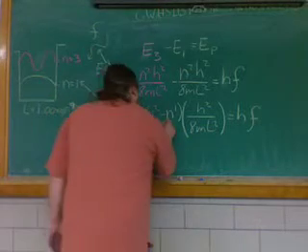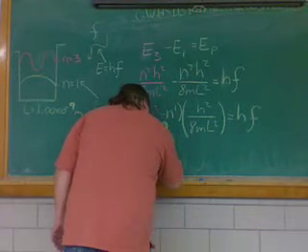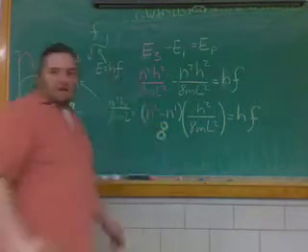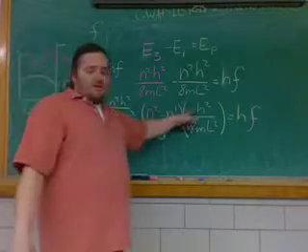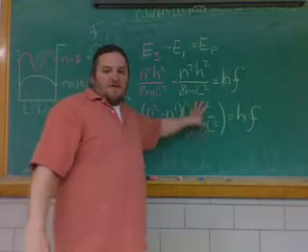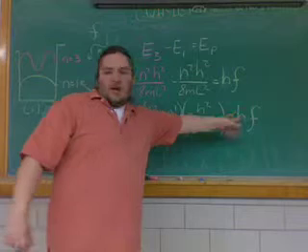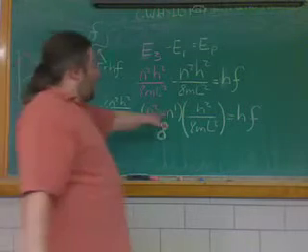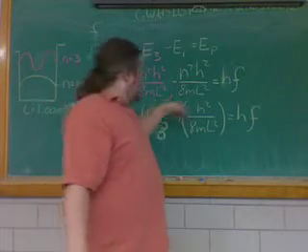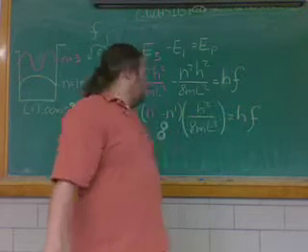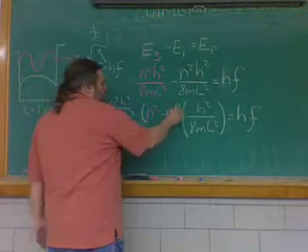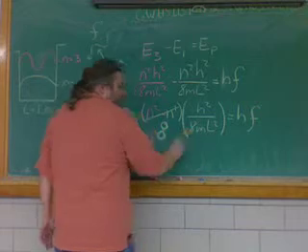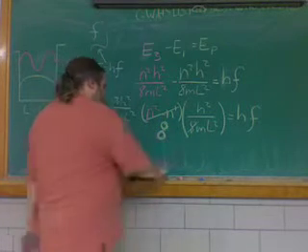Well, this being 8, this being an h, and this being an h, I can cancel out that and that. Let me use red. That goes away, and that term goes away. This goes away, and this goes away.